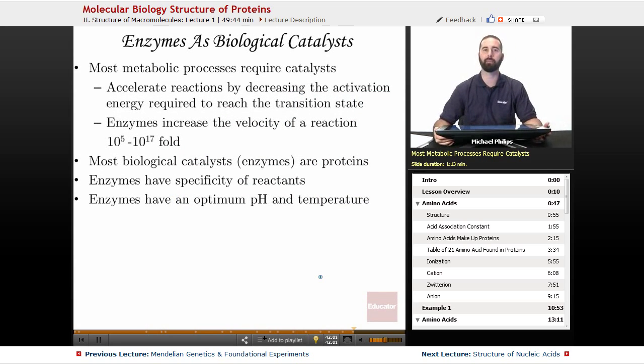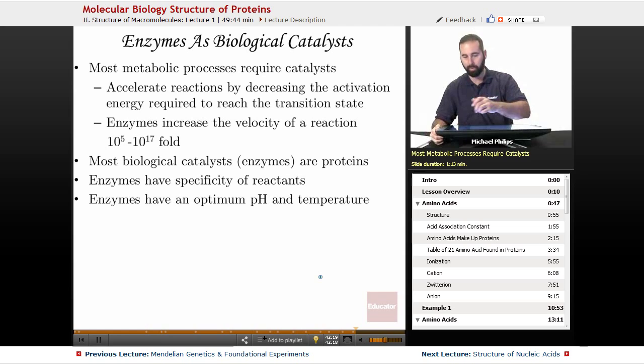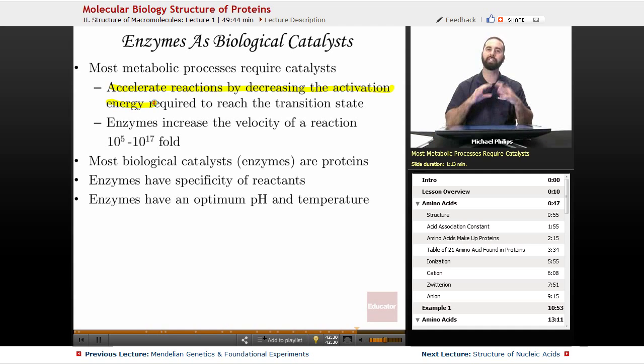And since we're talking about enzymes, and we've talked about it before in Unit 1, enzymes are biological catalysts. So most metabolic processes require catalysts, right? So they need some form of catalysis. Now, our enzymes, if we remember back from the first unit, accelerate reactions, and they do that by decreasing the activation energy. That activation energy is the energy required to get over the energy barrier.